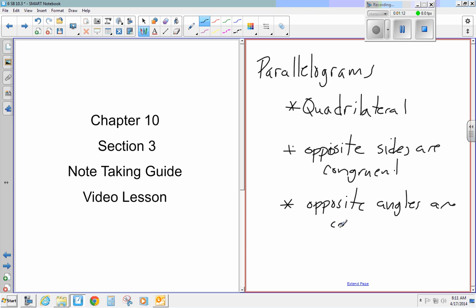Opposite angles are congruent. And opposite sides are parallel.